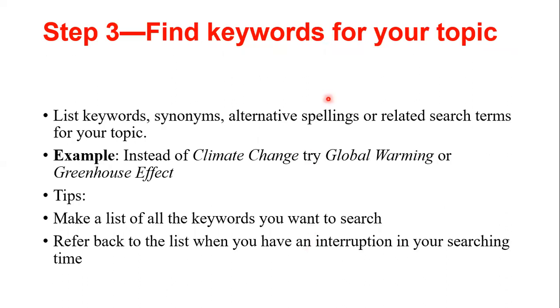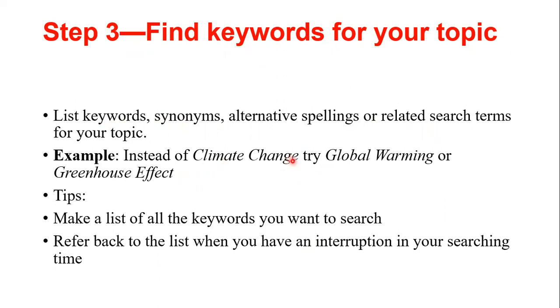Step 3, find keywords for your topic. List keywords, synonyms, alternative spellings, or related search terms for your topic. I mean, when surfing the internet, we have to use alternative words and synonyms, clear?